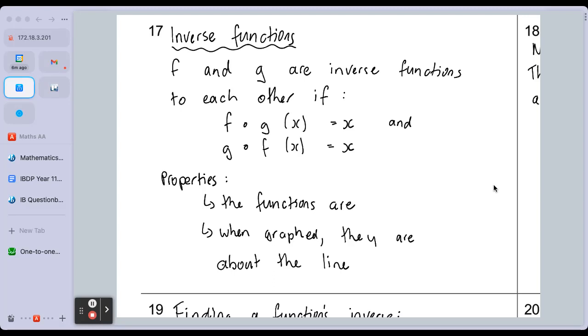So f and g are inverse functions to each other if f composed with g of x equals x, and also g composed with f of x is also equal to x.